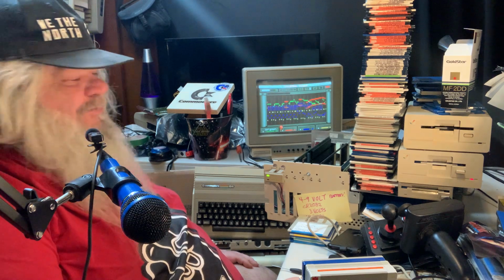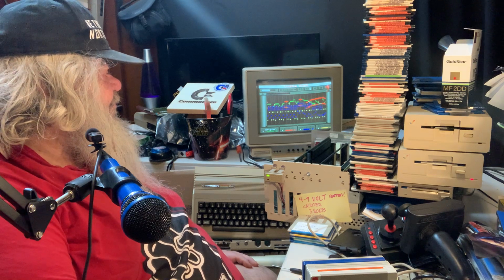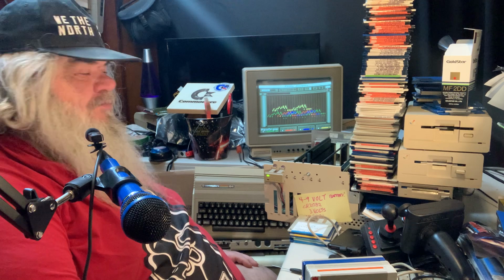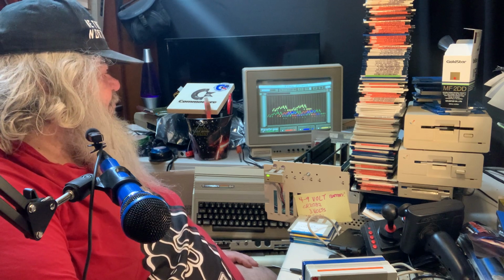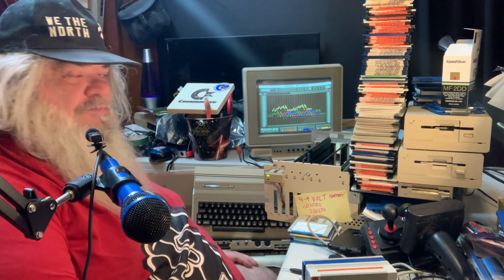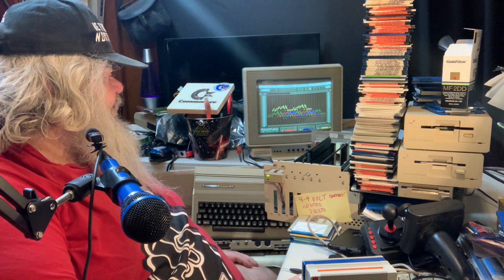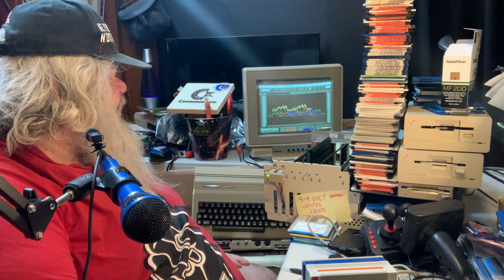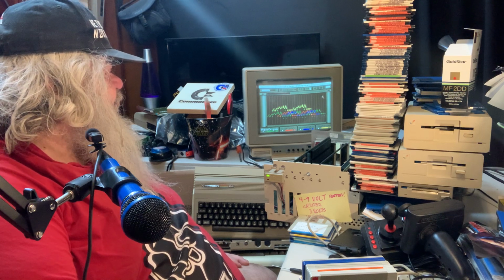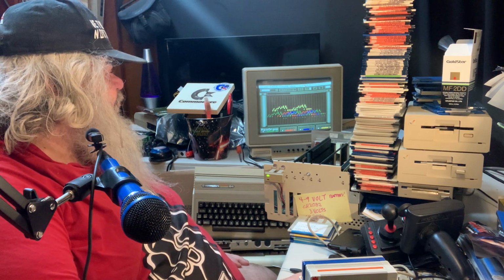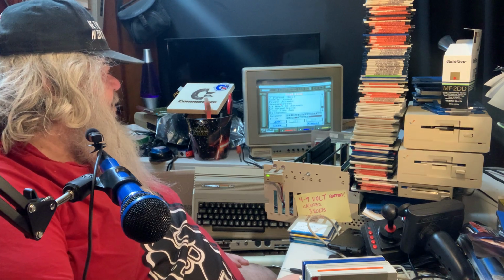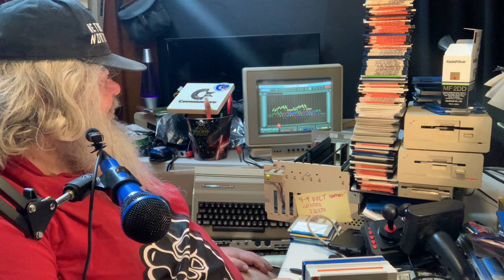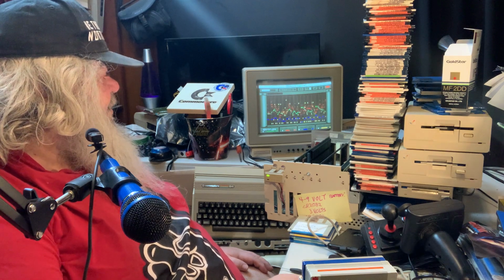And now, Farajaka. And now, Greensleeves. Ooh, this looks complicated.